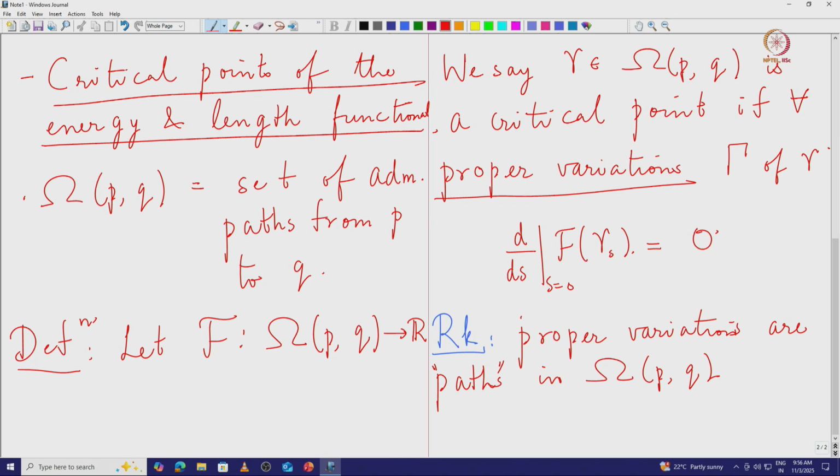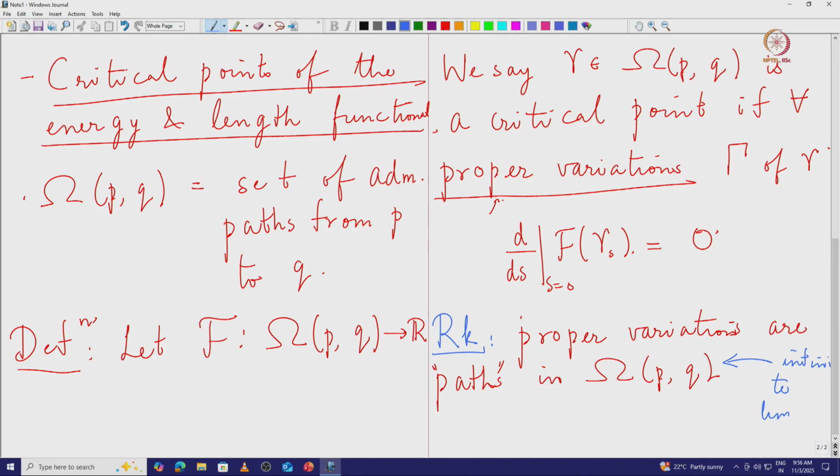If you take a gamma which is in Omega_{p,q}, then a proper variation Gamma will keep all these curves in this space Omega_{p,q}. That is why we need proper variations here. So a path gamma is said to be a critical point if the derivative along all possible paths in Omega_{p,q}, the derivative at gamma, is 0, and this is what we understand by a critical point even in multivariable calculus. The difference here is that in general this is infinite dimensional.